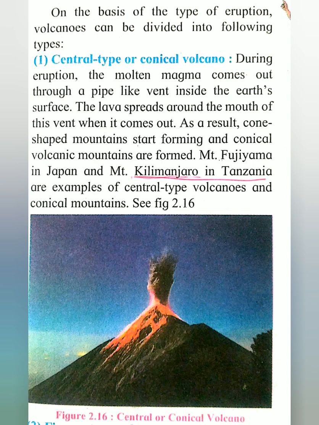It goes high up in the sky, and then falls down on the ground in a conical shape. As a result, cone-shaped volcanic mountains are formed. Mount Fujiyama in Japan and Mount Kilimanjaro in Tanzania are examples of central type of volcanoes and conical mountains.